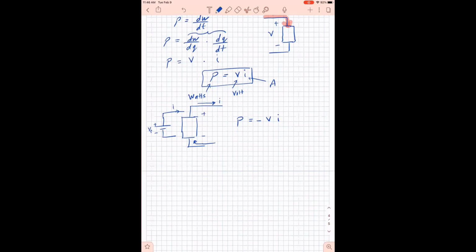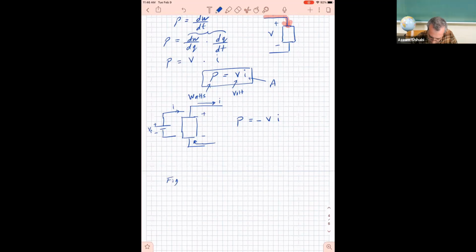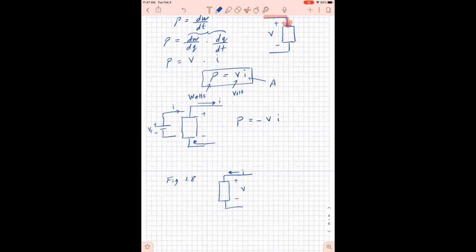let me write it here, figure 1.8, you have an element, and this is the positive terminal, negative terminal. This is the voltage across the element, and the current is entering the element. Okay. Entering. So this is the actual flow of the electrons from negative to positive.